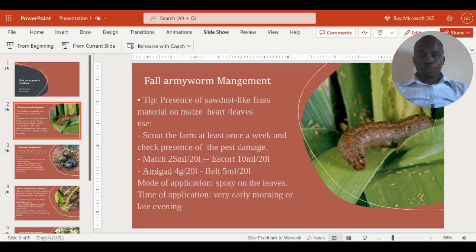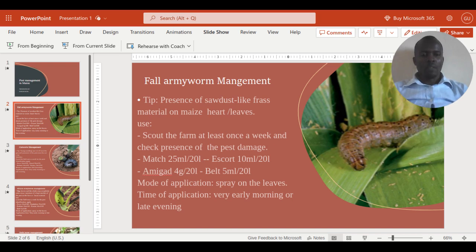The signs and symptoms that you can see in a crop that can tell you this crop is being affected by fall armyworm is the presence of sawdust-like fresh materials, which are left on the crops once they are affected by this kind of pest.